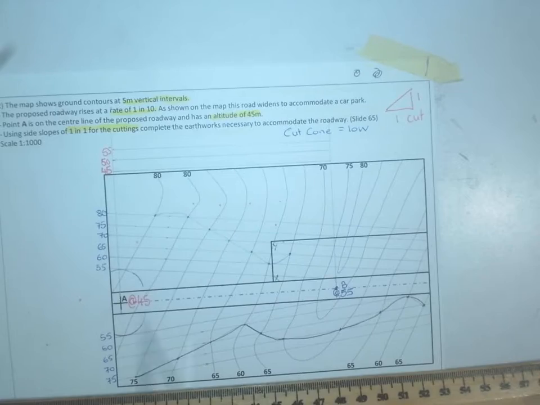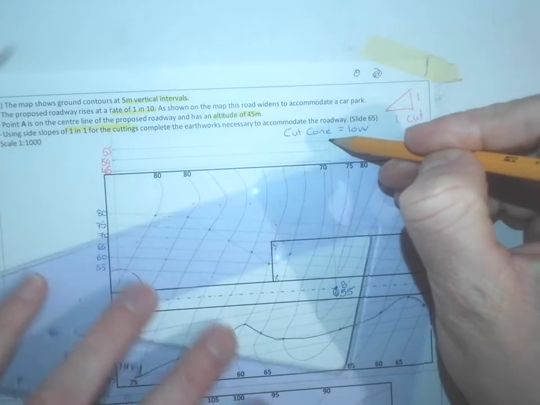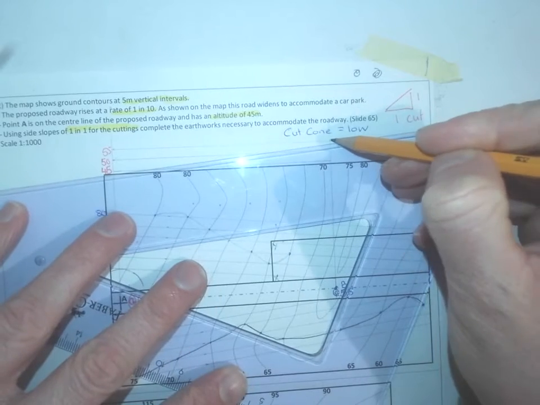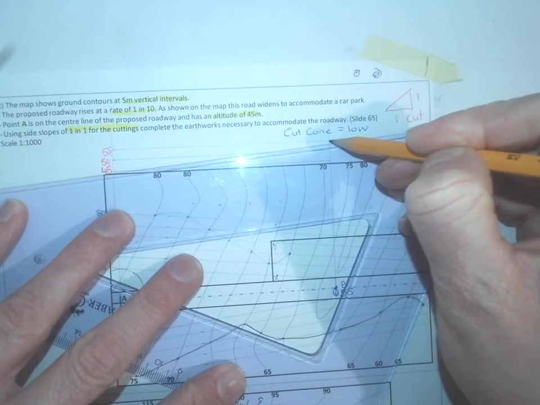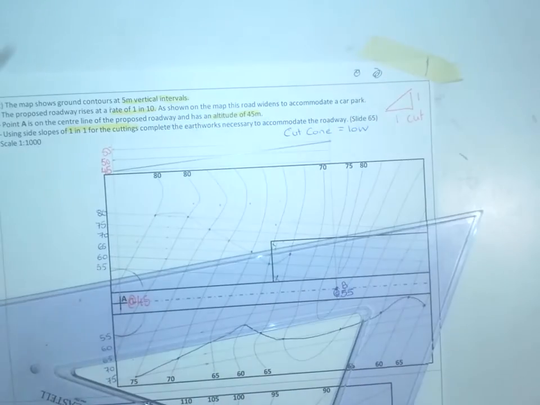So the slope of that road from A to B would look like that. So what that is, that is the gradient line, so the angle that it goes at.